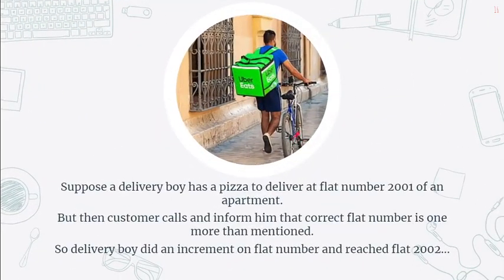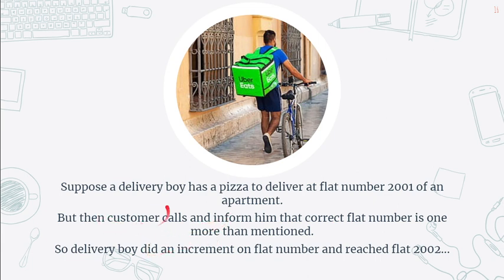Some arithmetic related to pointers. Suppose you have ordered a pizza, and the delivery boy came to your flat number, but instead reached some location nearby, because GPS sometimes doesn't work that perfectly.